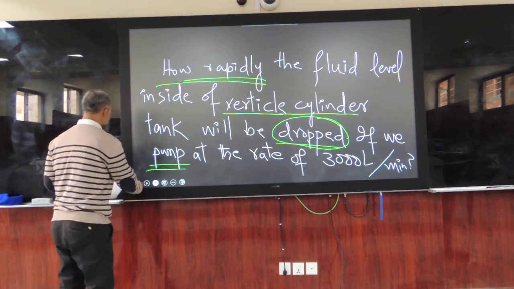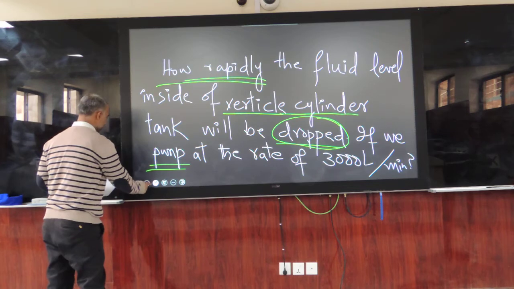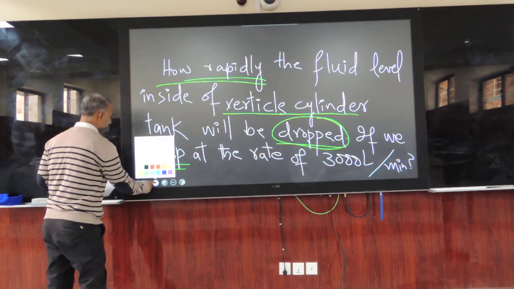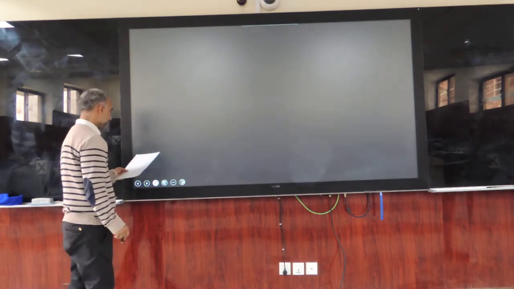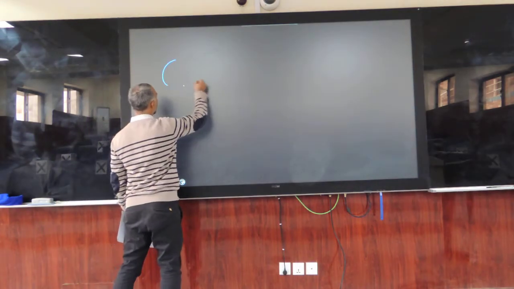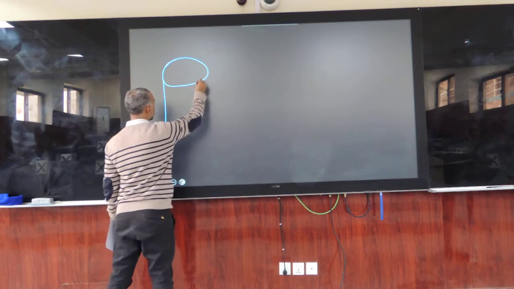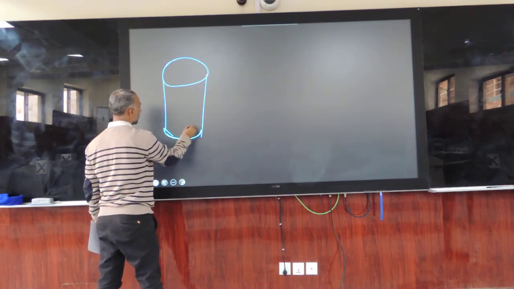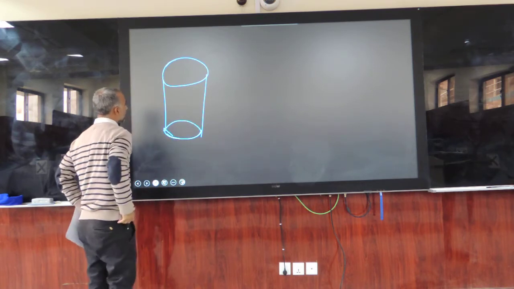So let's first make a model of a tank here. For example, this is a vertical tank, and inside of this is a fluid.